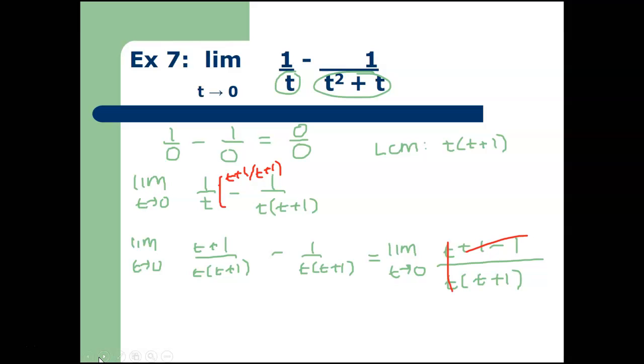I have t over t again, so that cancels. So the limit as t approaches 0 becomes equal to 1 over t plus 1, which means that when I plug in 0, the limit as t approaches 0 of this function is 1.